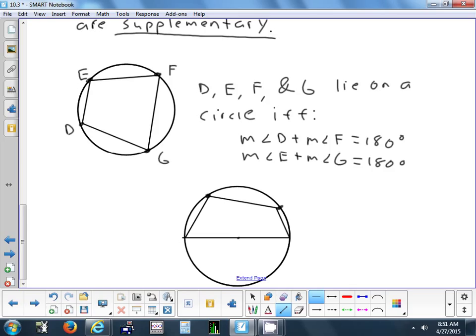I don't think that's a trapezoid, but it works. And with just this information, you wouldn't be able to figure out the size of any of these angles. All we really know here is this arc is 180 degrees. That's all I know.